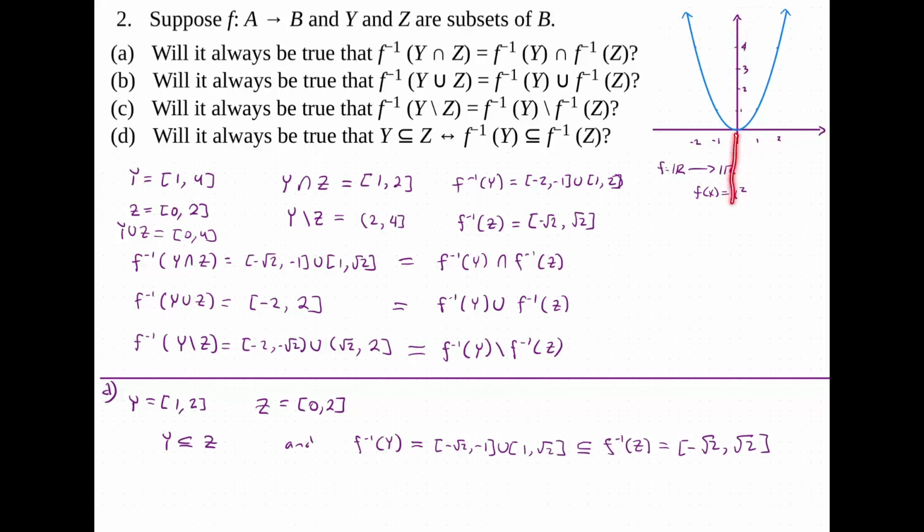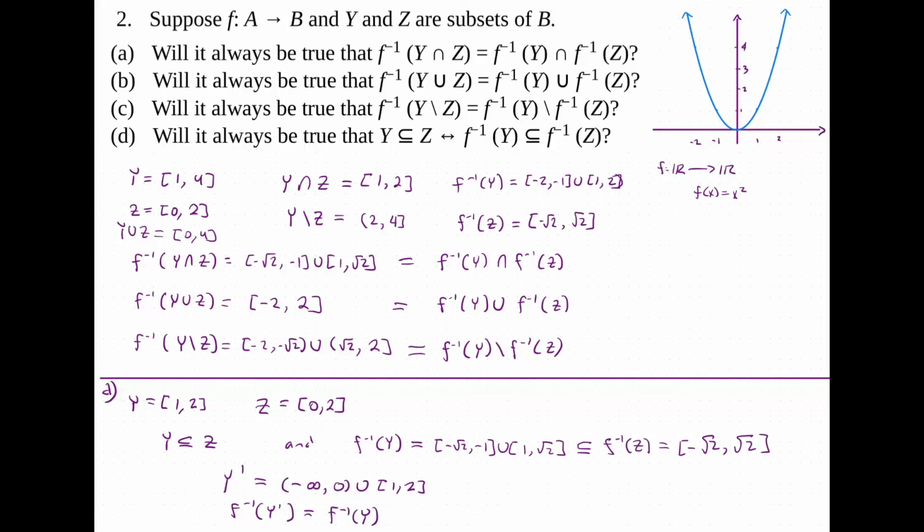And the negative real numbers don't have any input mapping to them. So if we took y prime to be the set consisting of the negative real numbers union [1, 2], so our original set y, then the inverse image of y prime is going to be the same as the inverse image of y, because there are no elements of our domain mapping to the negative real numbers. And so we're just going to end up with the same exact set.